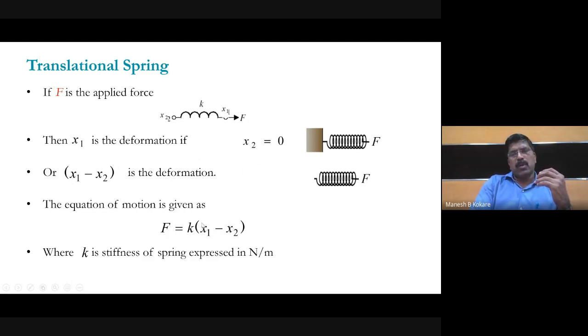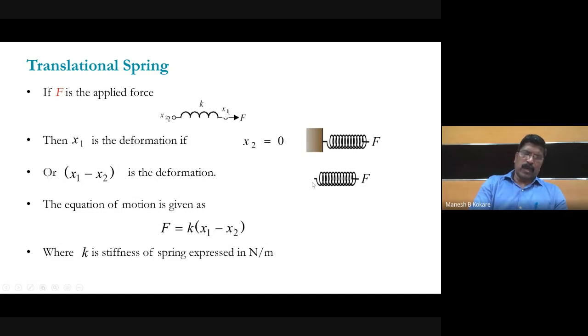How much is the displacement? x1 minus x2. But in this case, x2 is 0. So if you put x2 equal to 0, the force will be equal to k into x1. So that will be the equation.